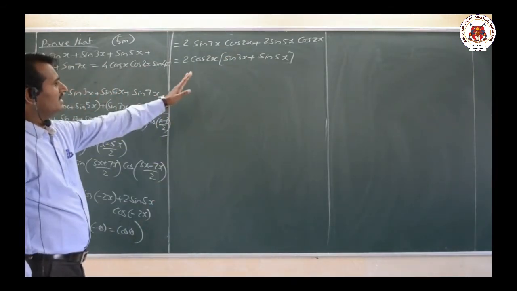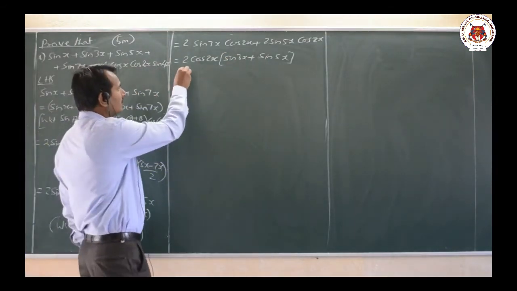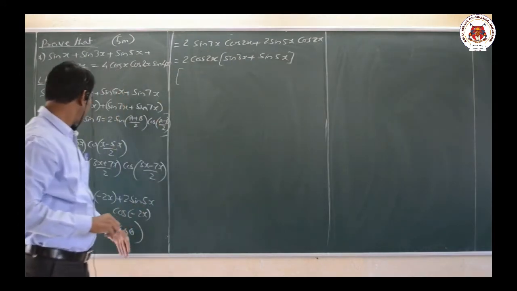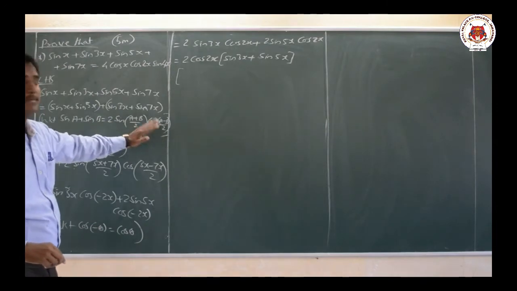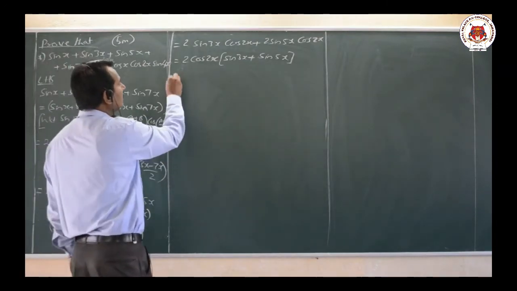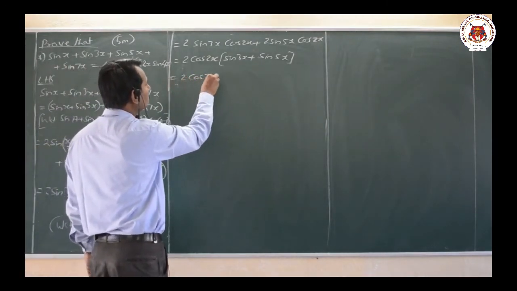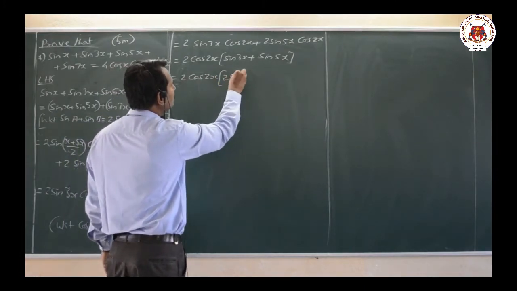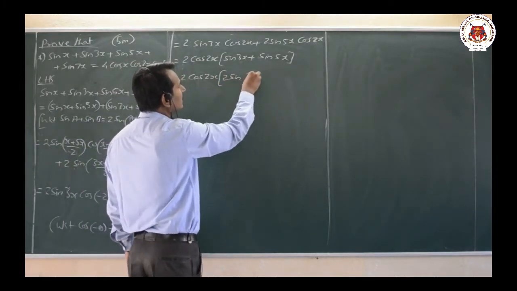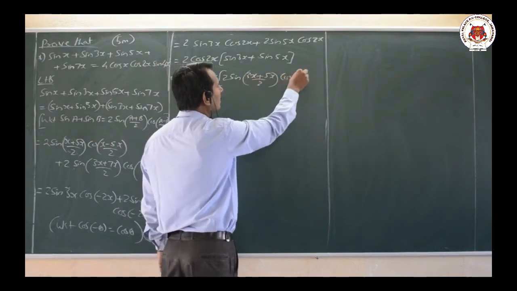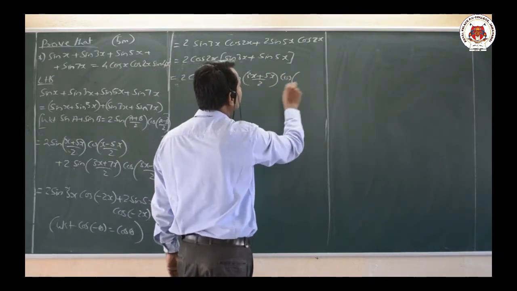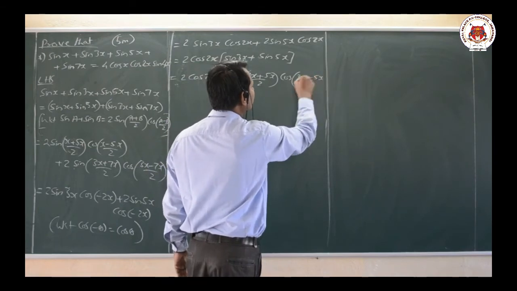Now sin a plus sin b, again the same formula, no need to repeat: sin a plus sin b means 2 sin (a plus b) by 2 cos (a minus b) by 2. What we get is 2 cos 2x into 2 sin of (3x plus 5x) divided by 2, into cos of (3x minus 5x) divided by 2.